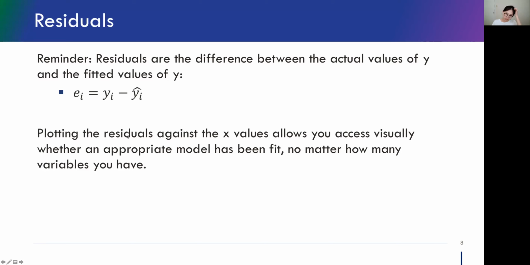Plotting the residuals against X values allows you to visually assess whether an appropriate model has been fit, no matter how many variables you have. It works for our current simple linear regression model, and in the future we'll talk about multiple linear regression. This is a tool that can be used on both, besides the scatter plot.